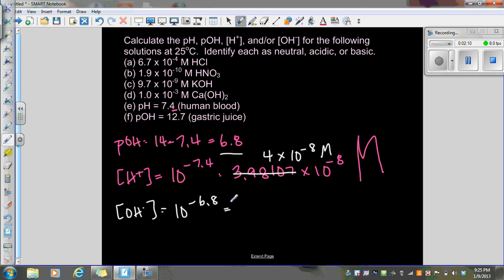So second and log to the negative 6.8, and I get 1.58 times 10 to the negative 7th molar. I've got one number after the decimal, so my answer in terms of sig figs needs to have one number, so that would round to 2 times 10 to the negative 7th molar, and that's my answer.